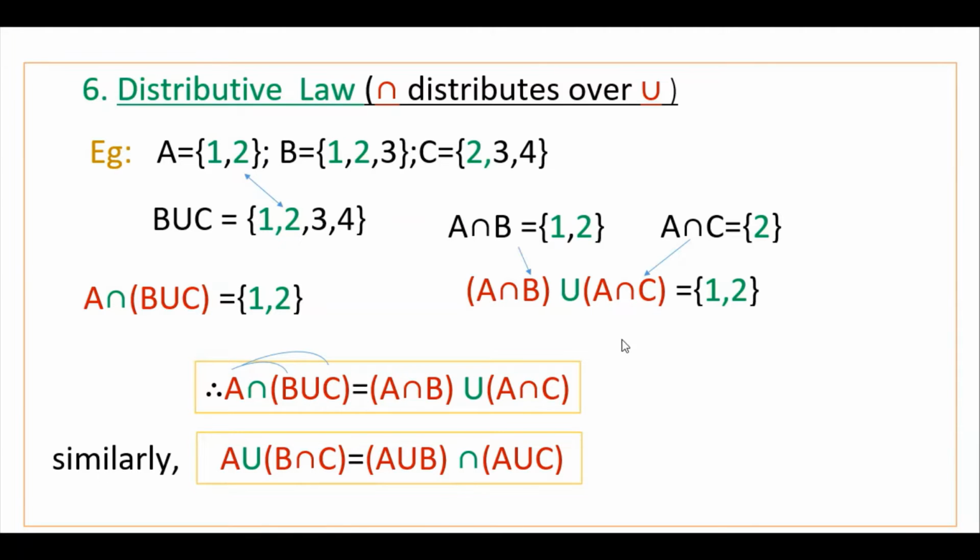So this is distributive law. Similarly, you can write A union (B intersection C) is equal to (A union B) intersection (A union C).